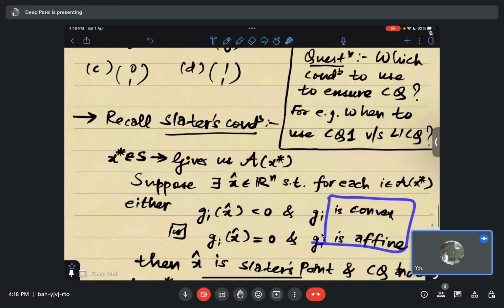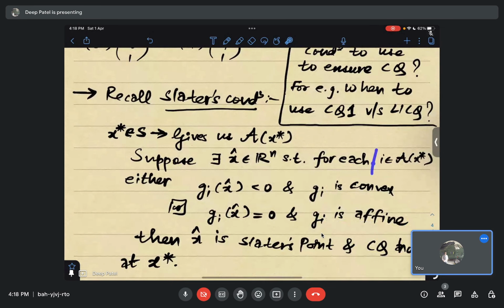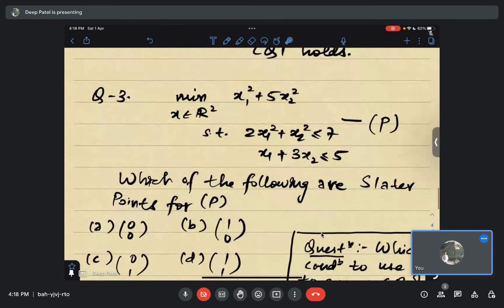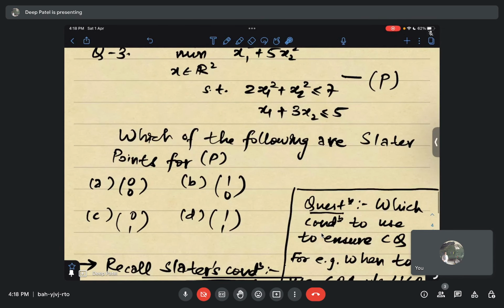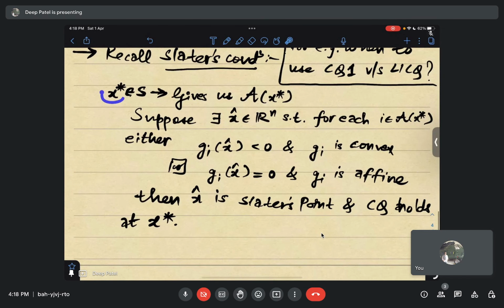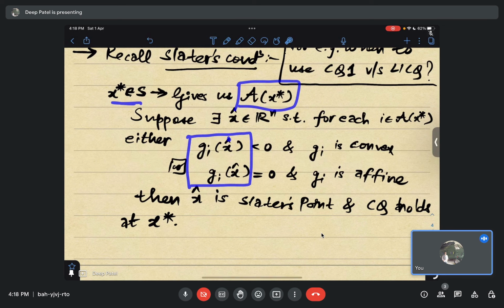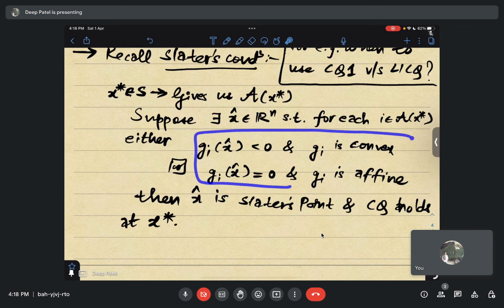For that Slater's condition, I just need to check this holds for the active constraint. So I'm not bothered about that right now. But how do you know the constraint is active without a candidate point? No, that's what I was saying. The x star here, the only way it plays a role is it gives us the active set. The evaluation of the constraint happens at that x hat, not x star. That doesn't depend on x star.